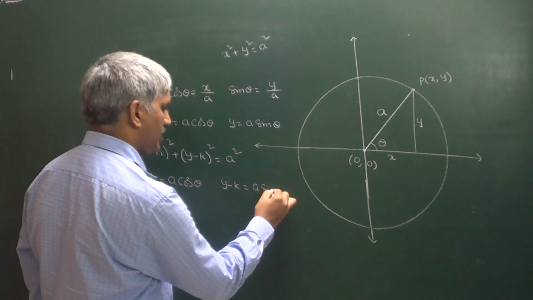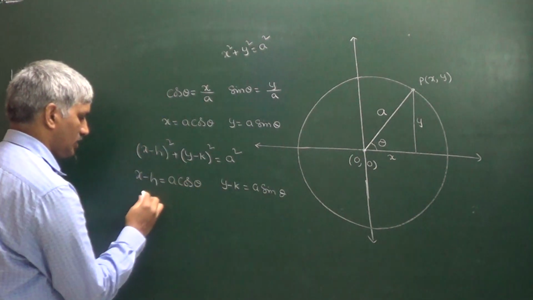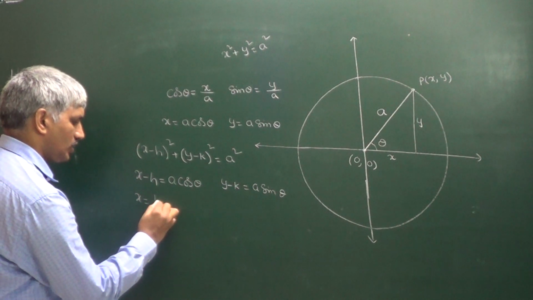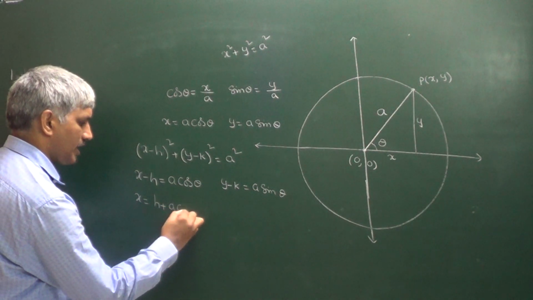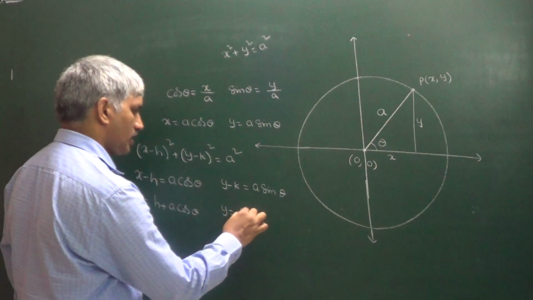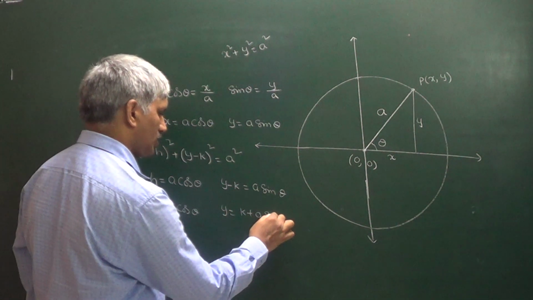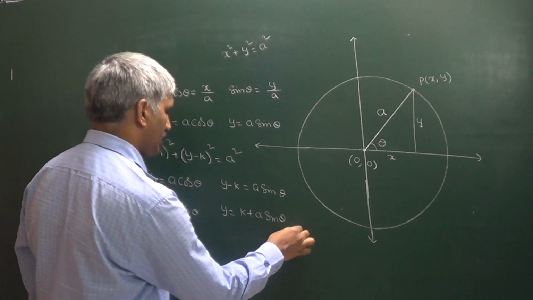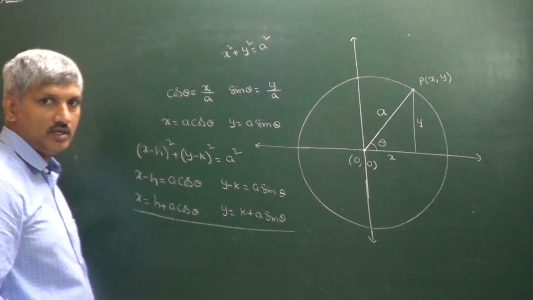So now I can write x is equal to h plus a cos theta, y is equal to k plus a sin theta. So these are the parametric equations for the circle, right?